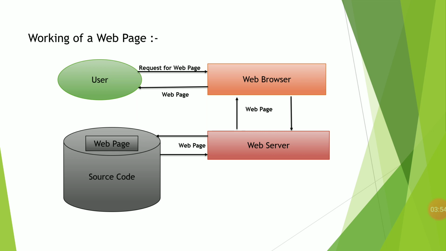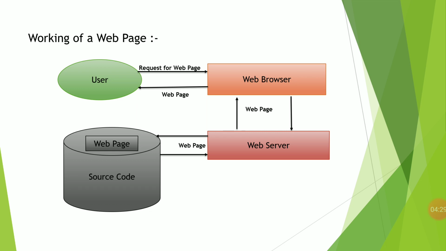First of all, whenever you want to access any web page, as a user you type a request inside the web browser, and that request is sent to the web server. As the request reaches the server side, the server's responsibility is to check whether it has any web page related to that particular request or not.